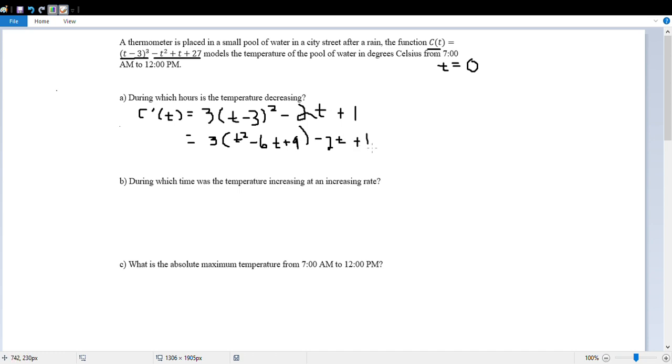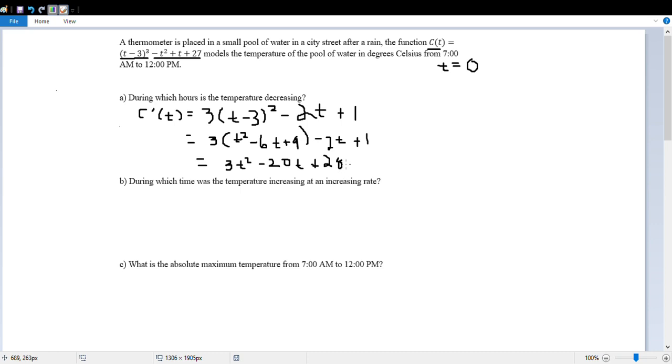Okay, so if I distribute this 3, I get 3t^2. Then 3 times a negative 6 is a minus 18, but I've still got another minus 2t over here, so I'm going to go ahead and combine those to a negative 20t. All right, and then I got 3 times 9 is 27, but plus 1 at the end makes that a 28.